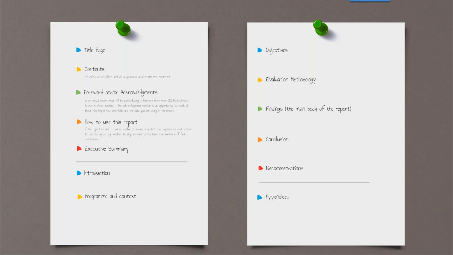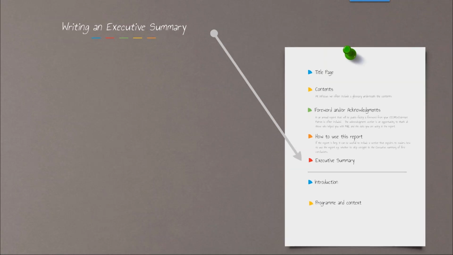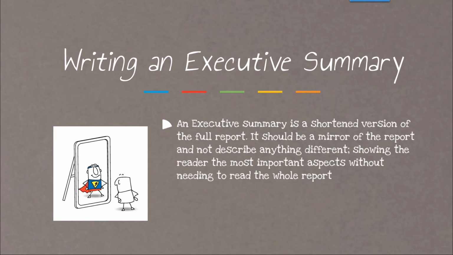The executive summary is the first section that we're really going to focus in on, as this is an important component of your report. An executive summary is a shortened version of the full report. It should act as a mirror of the report and not just describe general things about the exercise you've undertaken, or anything different from what you're reporting in the other sections.